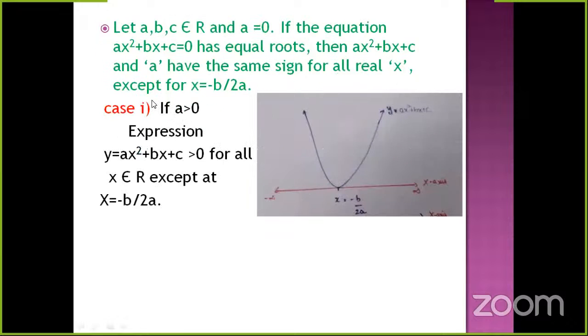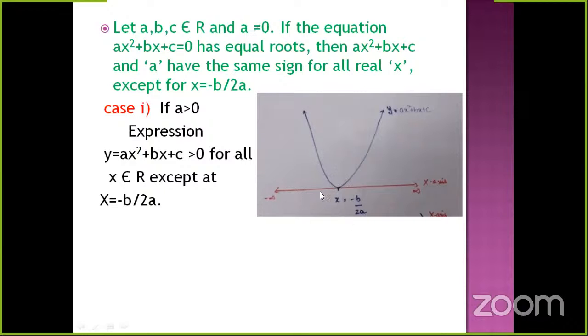Again in this condition, taking case 1, that is if a is greater than 0, the diagram will be in this form. So children, you are observing that the curve is touching the x-axis at only one point, which is considered as the common root. And the point is at x equal to minus b by 2a. Except at this point, the curve value will be positive.